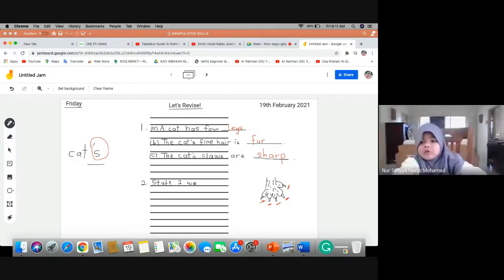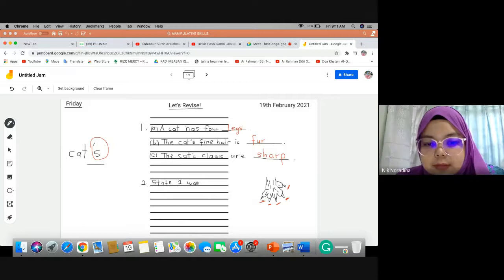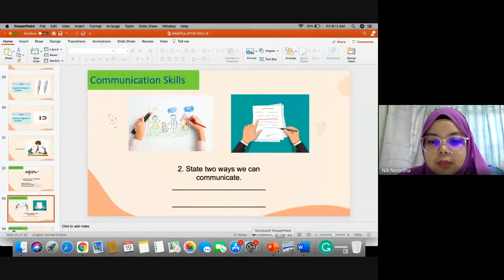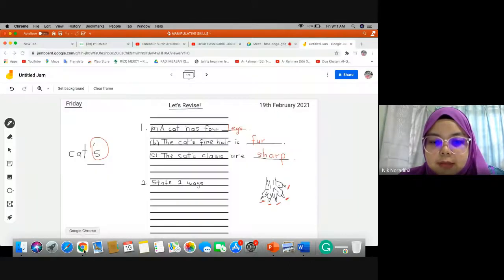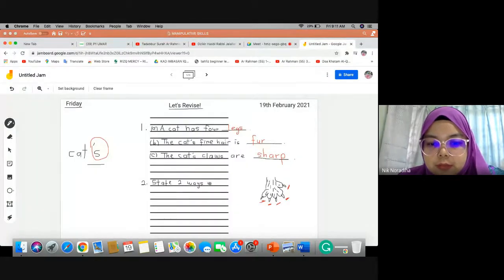Teacher, do we have to write that? Yes. State 2 ways we can communicate. I'm sorry for my handwriting.